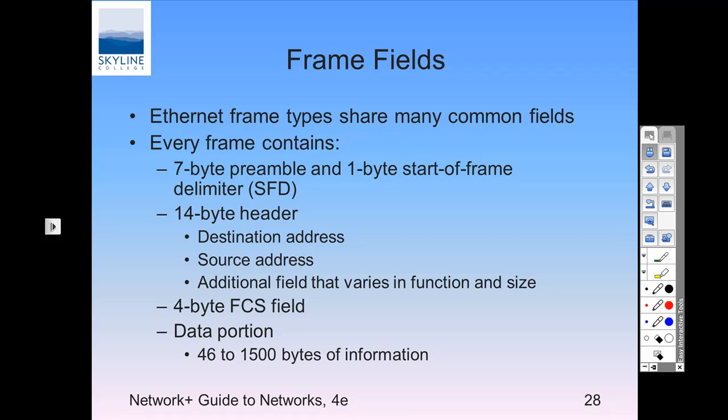A 4-byte frame check sequence, that's where we get the error checking. Not every layer, but a lot of the layers may have some error checking in them. The data portion is 46 to 1,500 bytes of information, 1,500 bytes of data per frame.